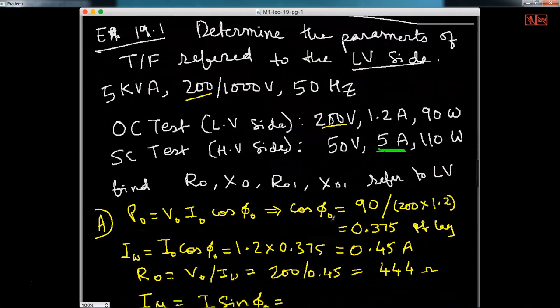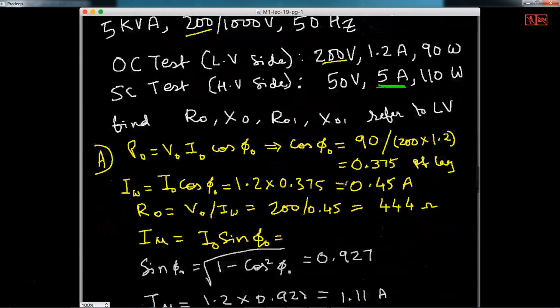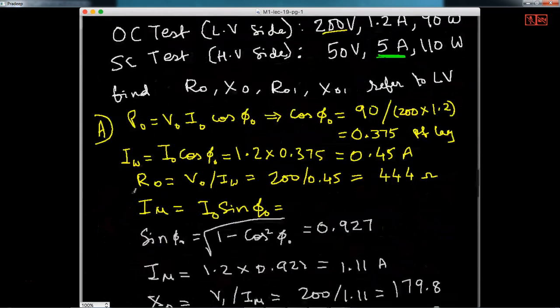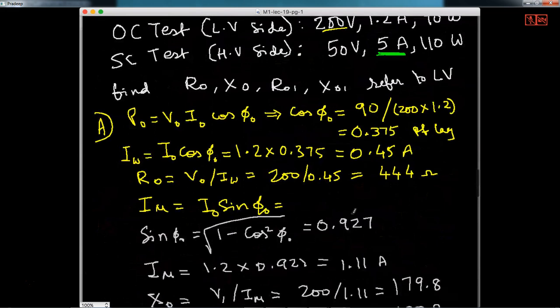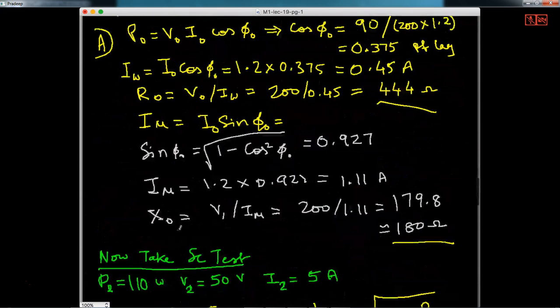First calculation is that of finding the power factor cos phi, then find the working component of the current, then find the resistance and reactance and the magnetizing component. So these are the calculations. Ultimately from this we find the resistance value and the reactance value on no load.